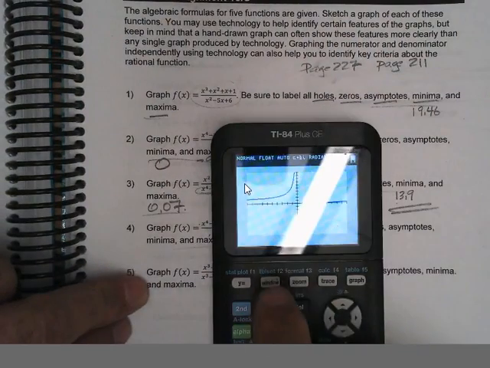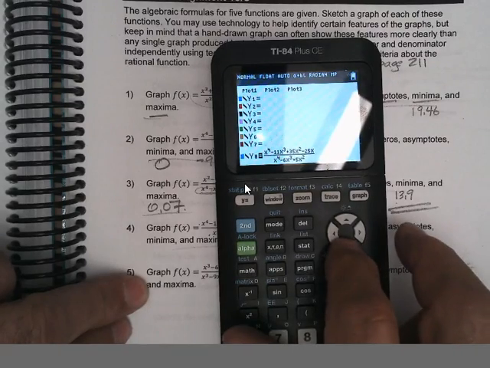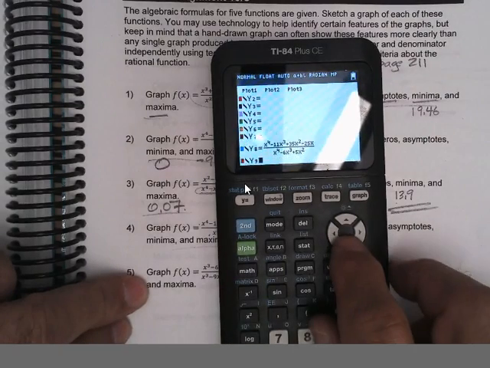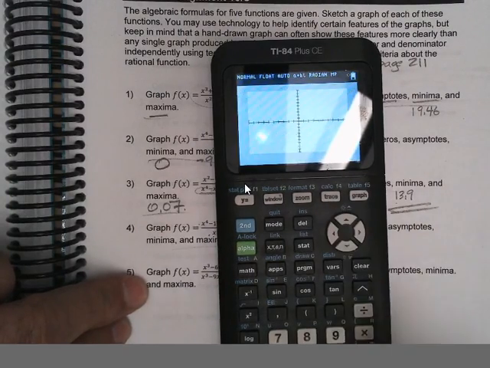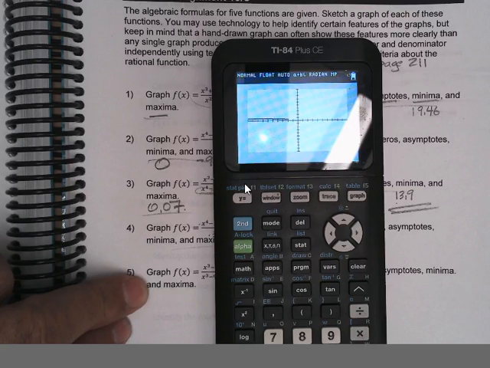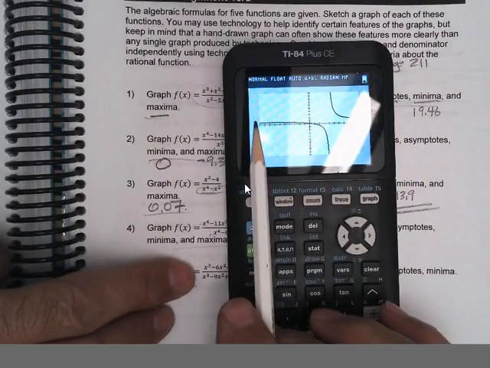And then finally, y equals, let's go to the last one. Zoom 6. That one drops down. This one comes down. And it has a horizontal asymptote at 1.